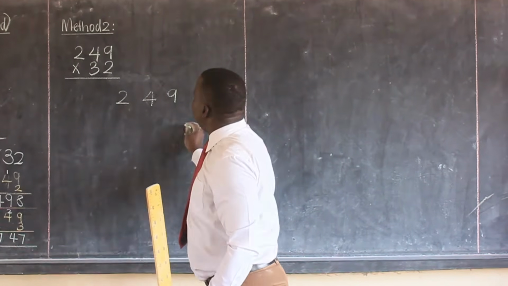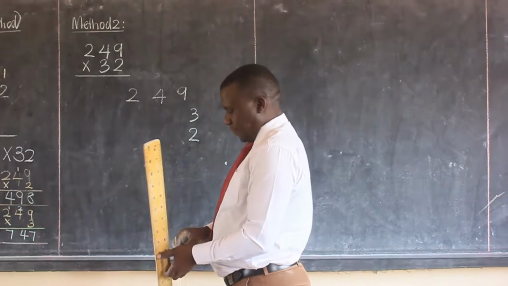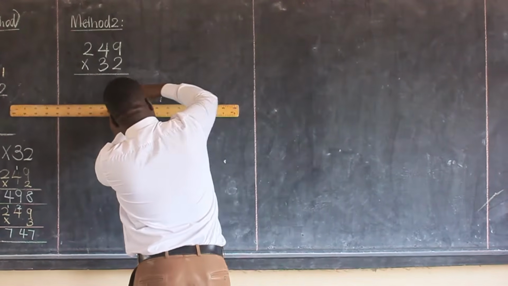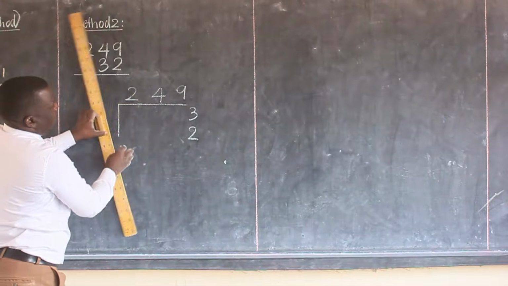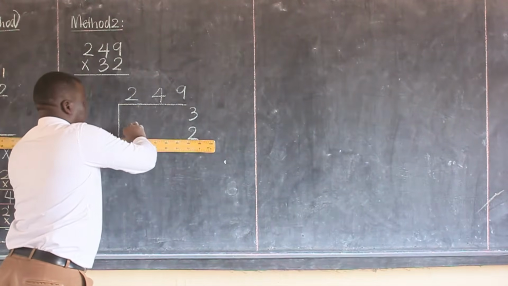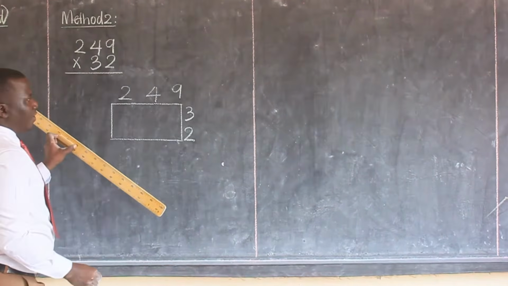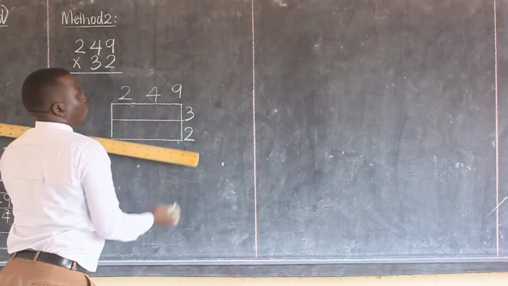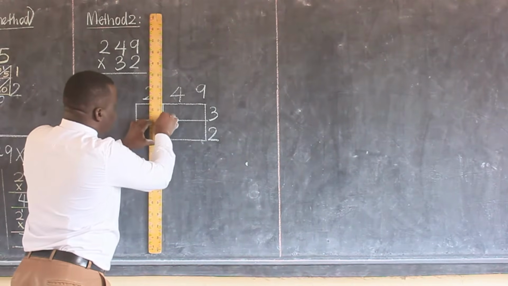We shall multiply it by 32. Okay? So we are going to draw a table here. So we shall divide this into 2. And we shall divide this into 3 rows.